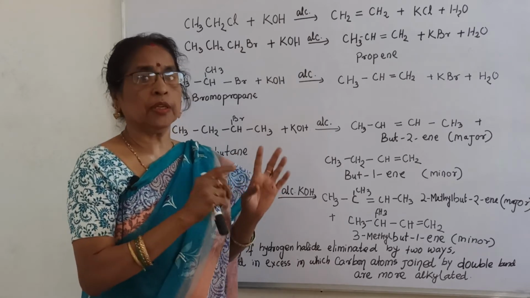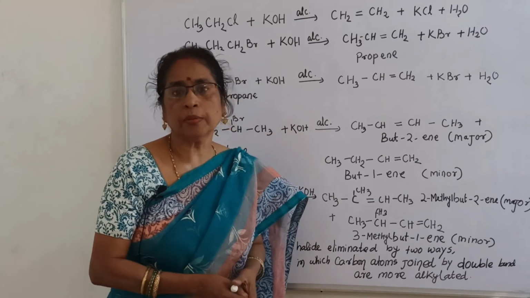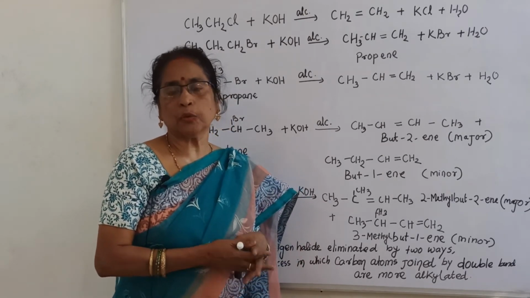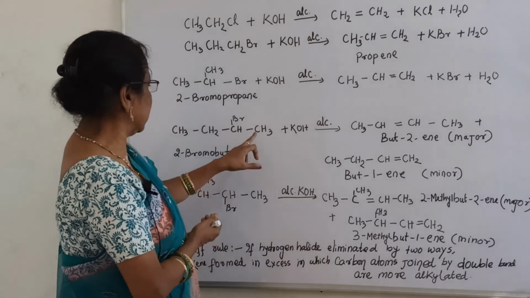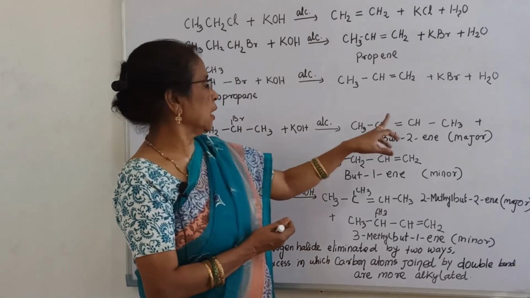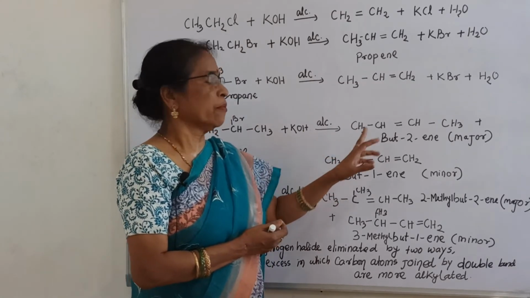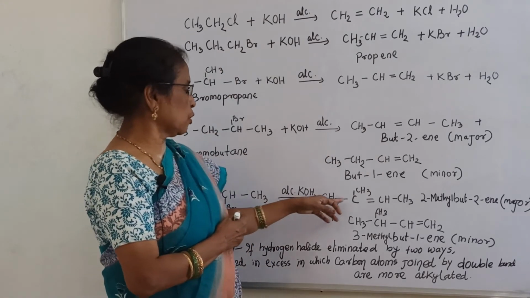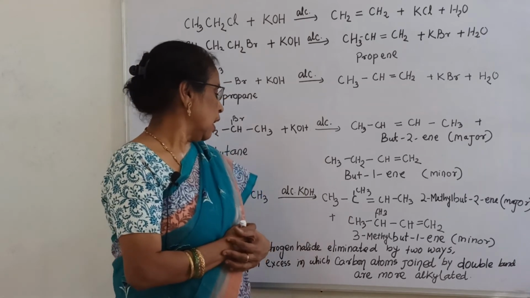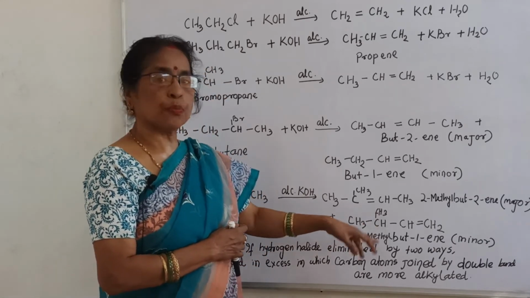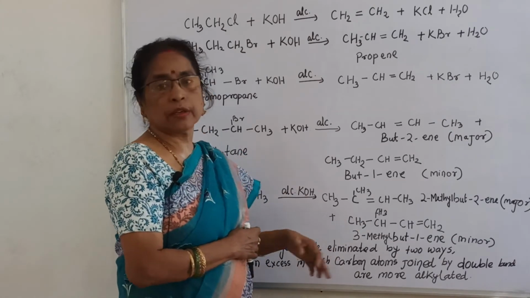Before and after the double bond, you count the number of alkyl groups, and the one with more alkyl groups is the major product. Here only 2 alkyl groups versus 1, that is why it is the major one. Similarly, here there are 3 alkyl groups in the first case, and only 1 isopropyl group in the other, that is why it is the minor product.